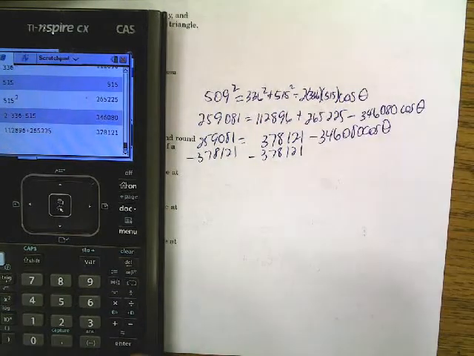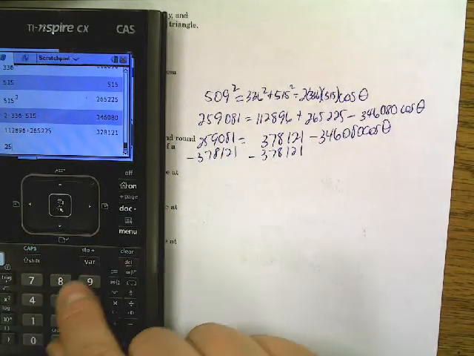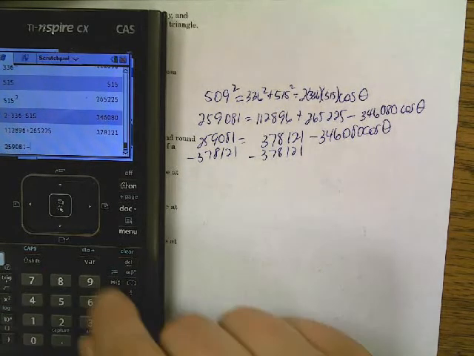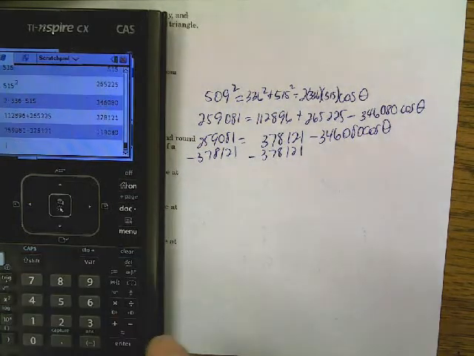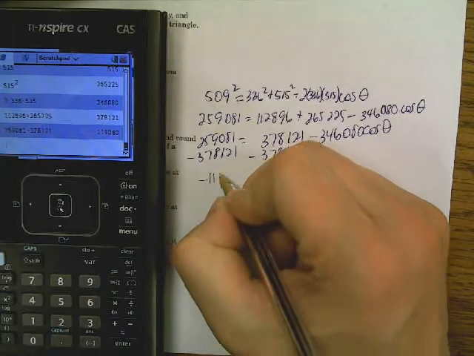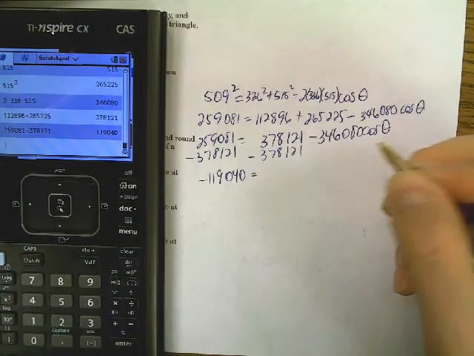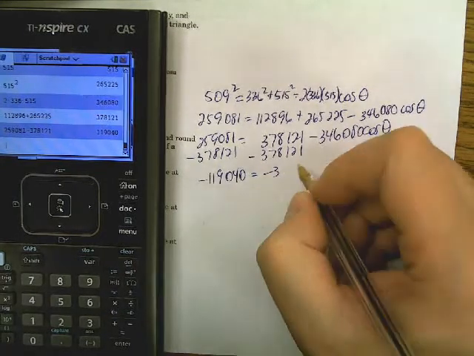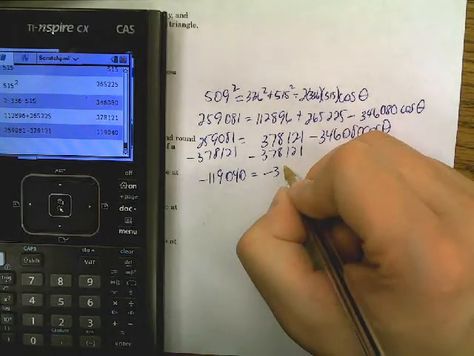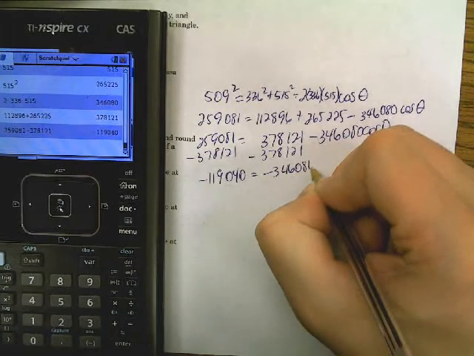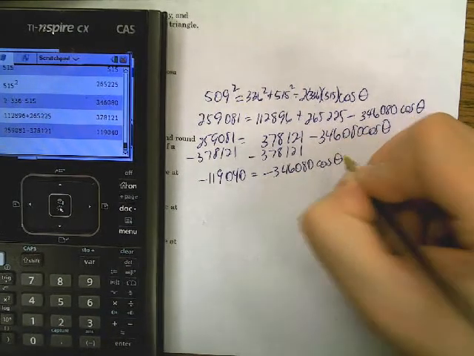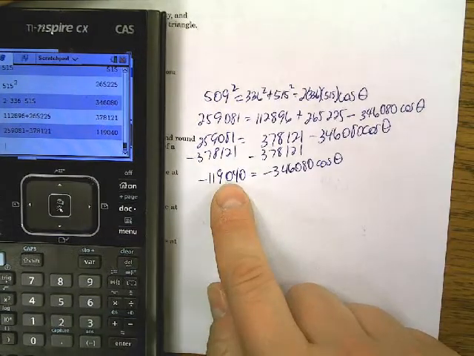Okay, so I'm going to do 259,081 minus this. So I get a negative 119,040, and that equals a negative 346,080 cosine of theta. So I need to take the negative 119,040 divided by that.